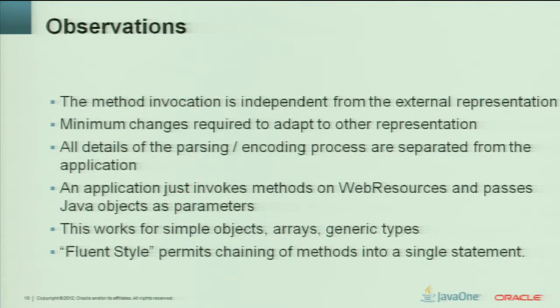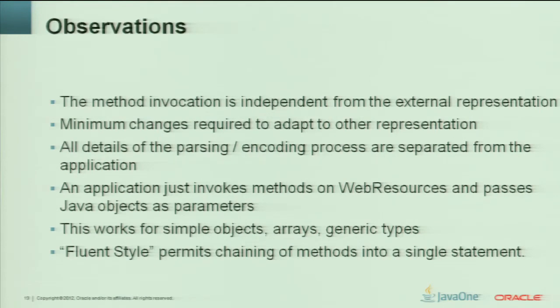A couple of observations here. So the method invocation is completely independent from the external representation. And there are only minimum changes required if you want to adapt to other representations. All details of the parsing and encoding process are separated from the application. So we have not seen any XML parser or JSON parser in these examples.